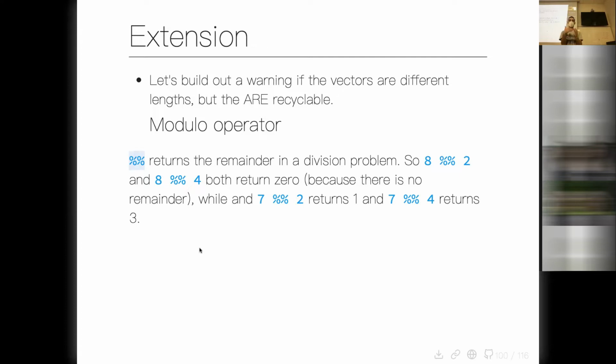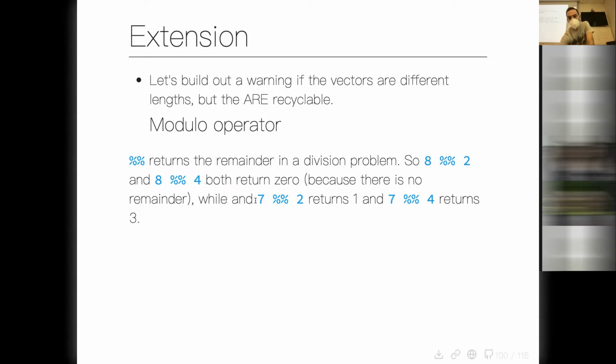What the modulo operator does is it tells you the remainder of a division problem, okay? So 8 %% 2 returns 0, as does 8 %% 4, because there is no remainder in those. 8 divided by 2 is 4, 8 divided by 4 is 2, there's no remainder.